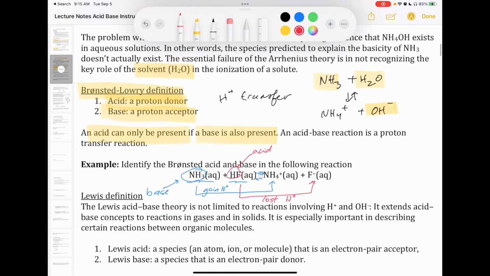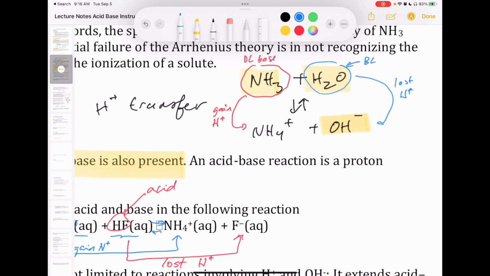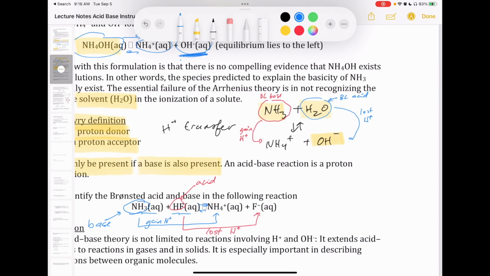Going back to that reaction I just showed you with the ammonia and the water, you can see in this case that the ammonia becomes ammonium, so same thing, it has gained a proton. And the water, interestingly, has lost a proton. So the ammonia is a Bronsted-Lowry base, and the water is a Bronsted-Lowry acid. With this reaction, the role of water as an acid is critical.